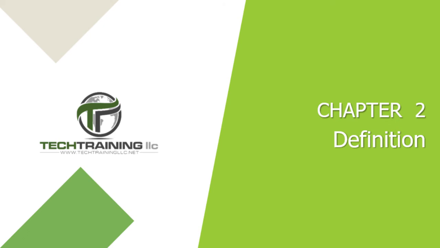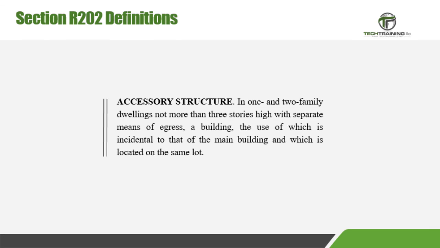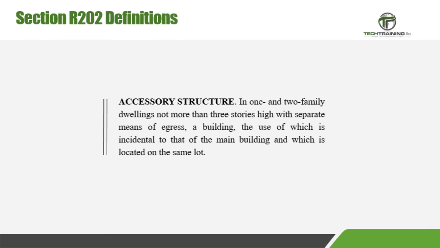If this word or phrase applies to your specific expertise, we encourage you to stop the video and read the meaning of that word or phrase, as it will greatly impact your processes in the field. Also, be advised that some slides have more than one definition. So, let's get started. Accessory structure.